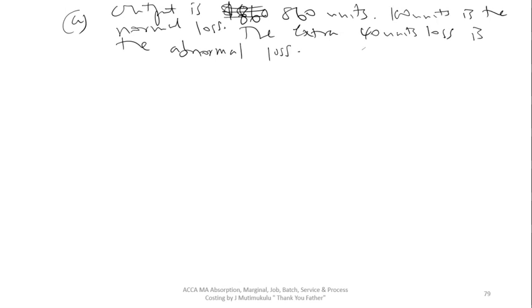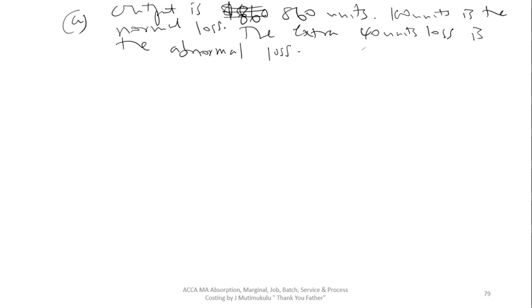We know that there was a 10% normal loss, which means we were expecting to produce 900 units. Unfortunately we produced 860 units. So the normal loss was 100 units, and the abnormal loss was 40 units.